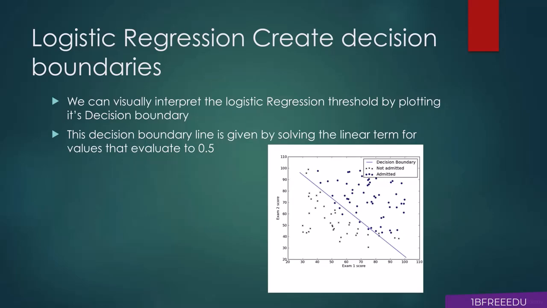The dots beyond the boundary line, on the upper right corner, purple in color, show that the students are admitted, while the crosses show that students who appeared in the exam did not have a high enough score to qualify, and that's why they fall into decision level 0. That means they never qualified for that particular college based on the exams. That's how we can use logistic regression to predict the labels.